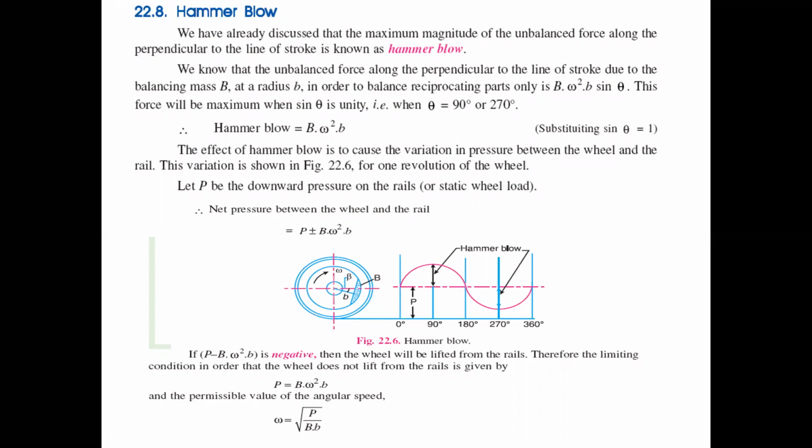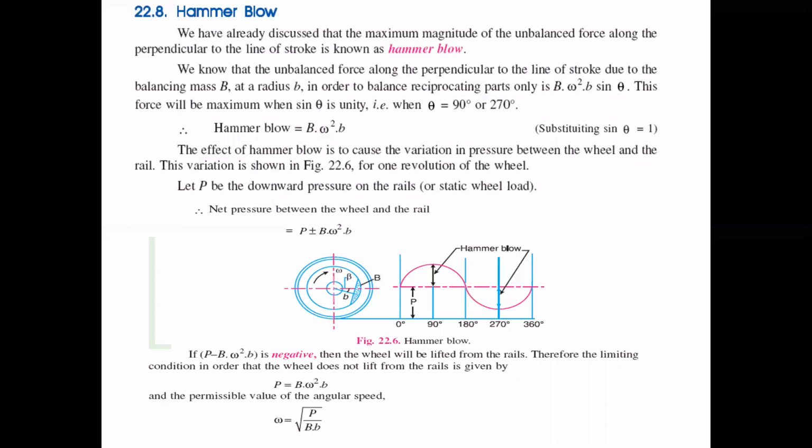Therefore the net pressure between the wheel and the rail is p plus or minus b omega square b. That is our net pressure between the wheel and the rail.